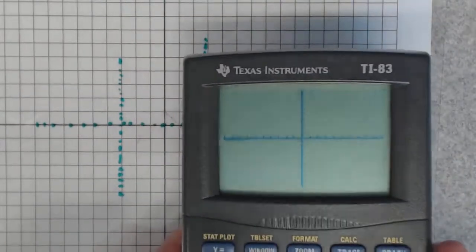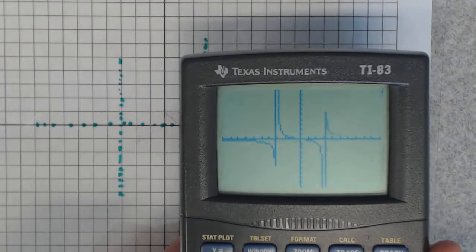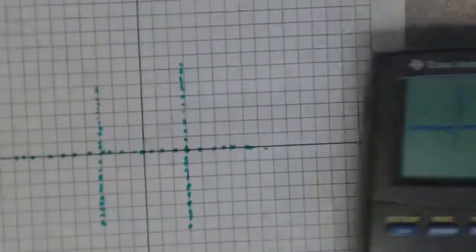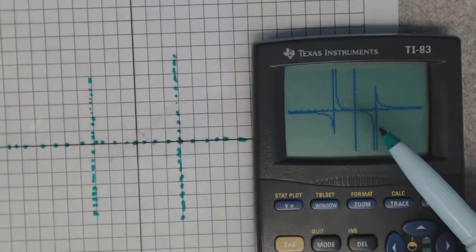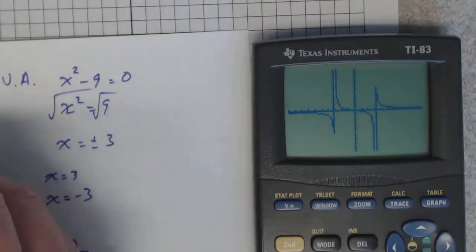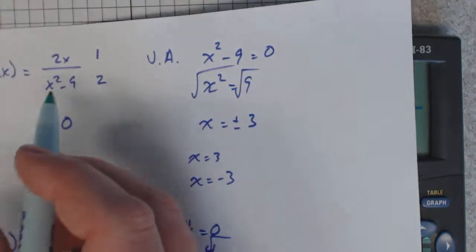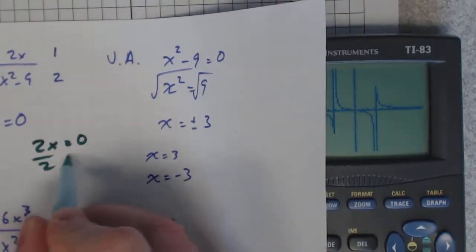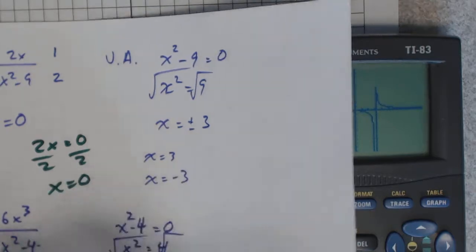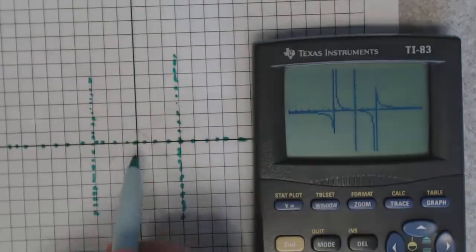All right, notice this. There is an x-intercept on this one, and the idea is to set the top equal to 0. It'll tell you what your x-intercepts are. So if I set the top equal to 0, I have an x-intercept at 0, which is right here.